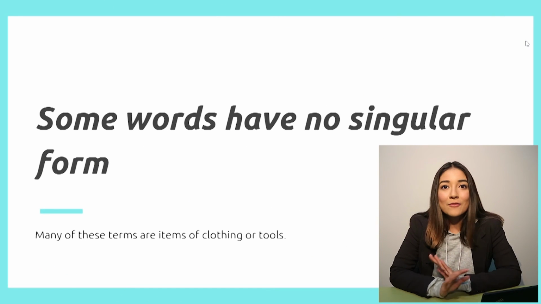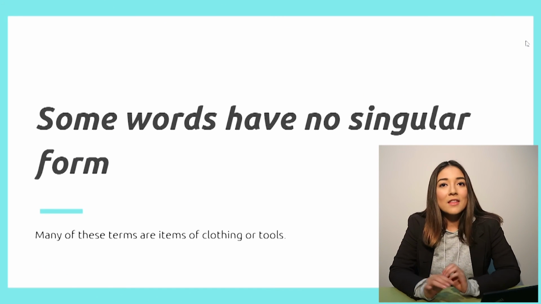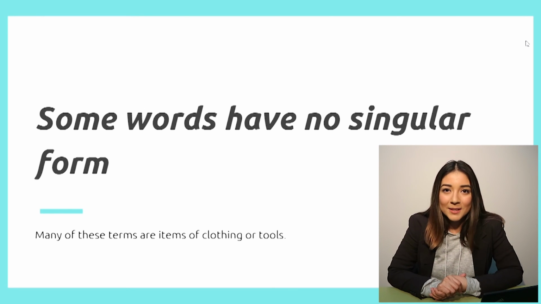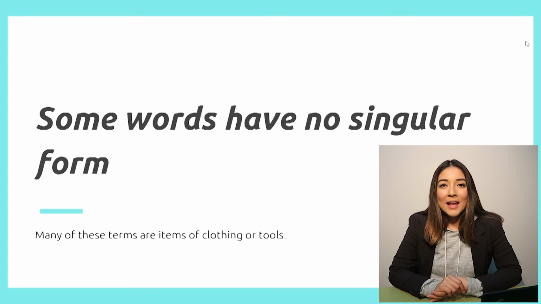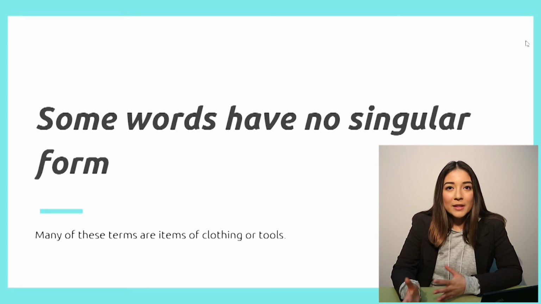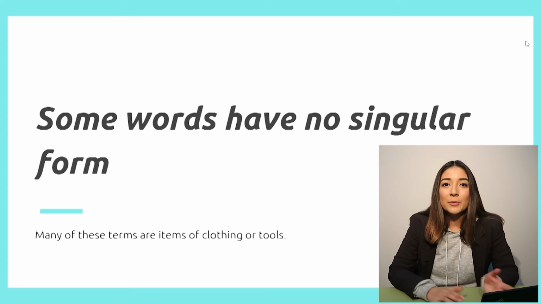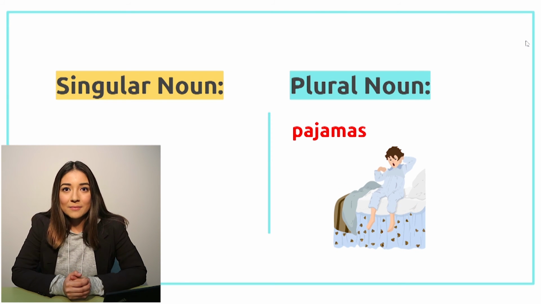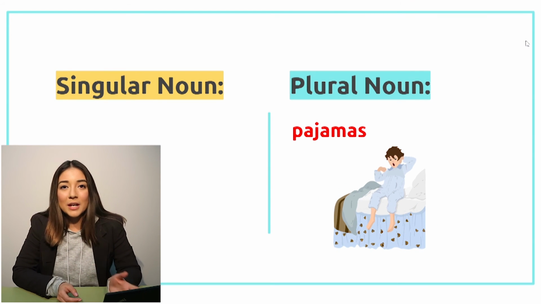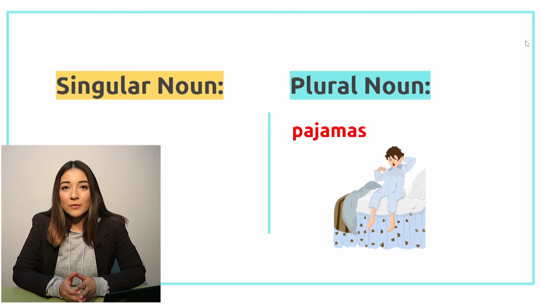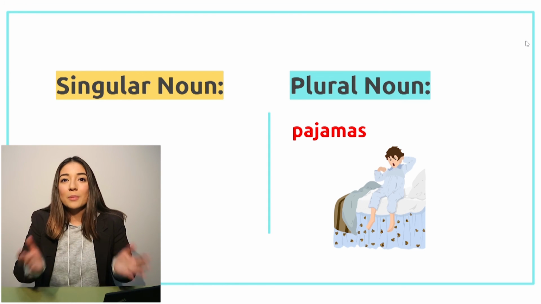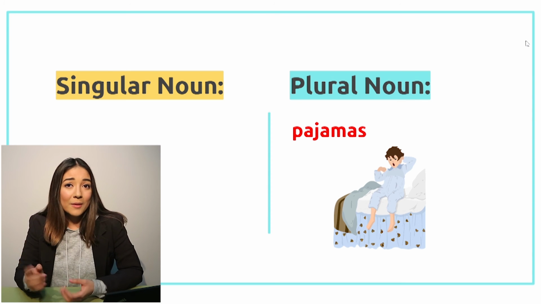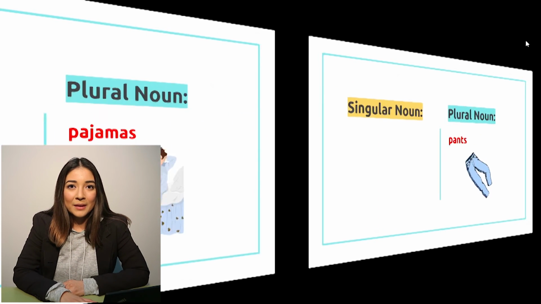Some words have no singular form. They're always plural. You might be wondering, how is that possible? Well, these words are often related to clothing items or tools. For example, pajamas. We don't say pajama. We always refer to pajamas in the plural form, even though we might be talking about one piece of clothing.